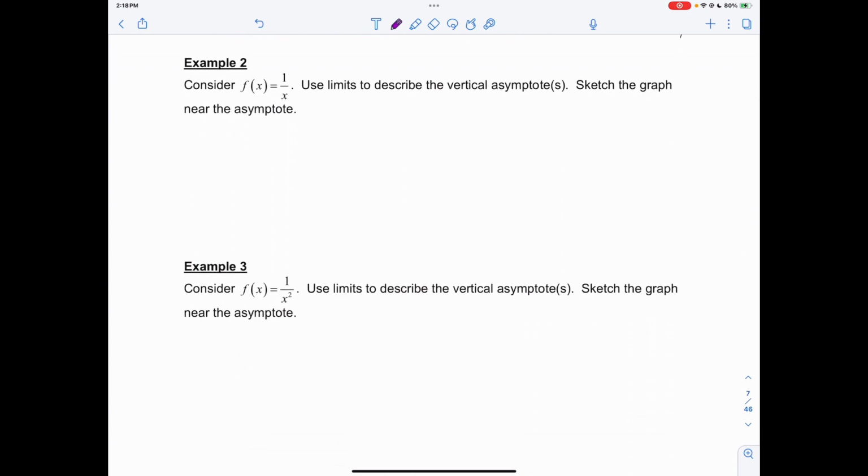For example 2, consider f of x is equal to 1 over x. We're going to use limits to describe the vertical asymptotes and then sketch what is happening for the graph just near the asymptotes.